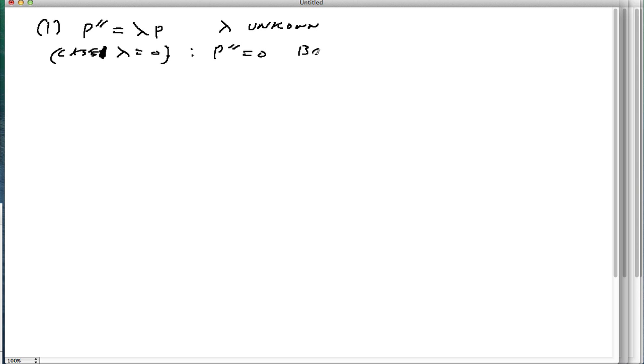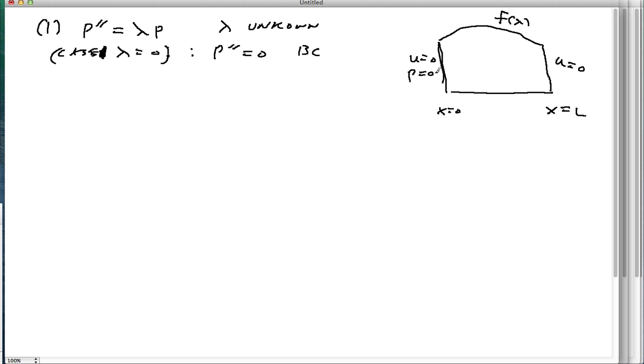And because of the boundary conditions for p, remember, we have f over the top of x, but then on either side, for x equals 0 and x equals L, u is equal to 0 on that side and u is equal to 0 on that side, which means that p is equal to 0 on that side and p is equal to 0 on that side.